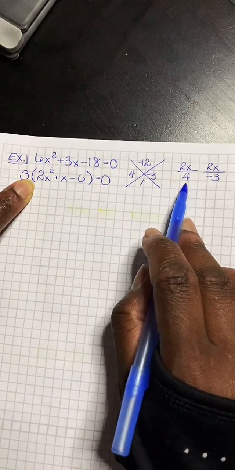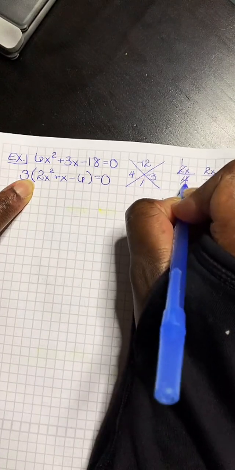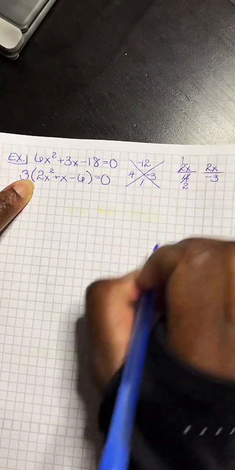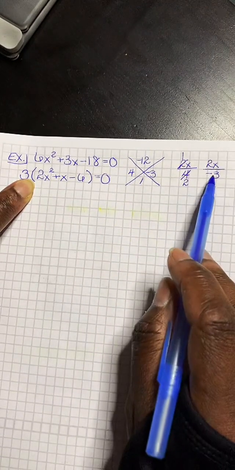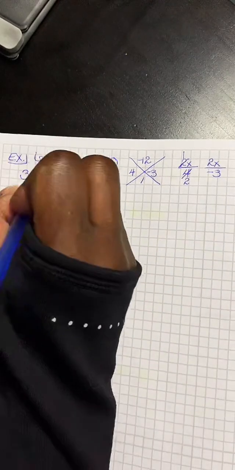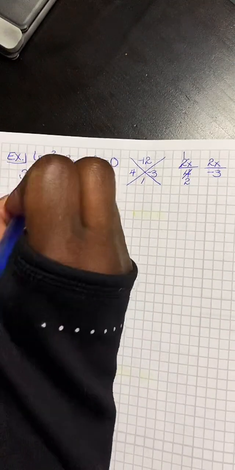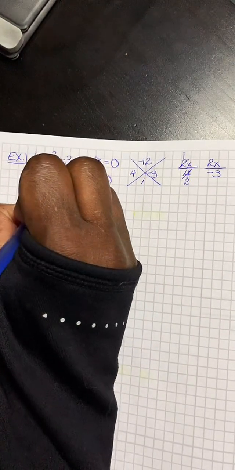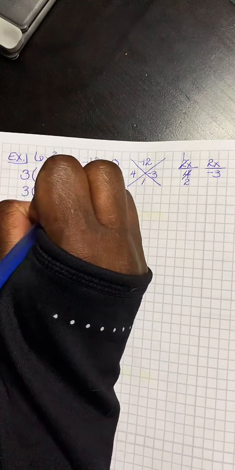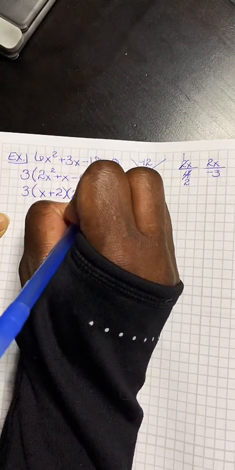The first ratio can be reduced by 1/2. The second ratio stays exactly the same. So I could say 3 times x plus 2 and 2x minus 3.